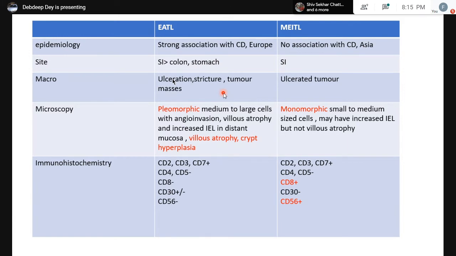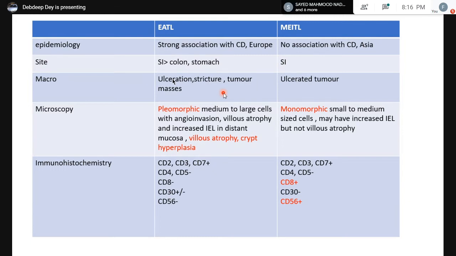The other differentiating points are pleomorphic cells present with angioinvasion in the EATL and monomorphic cells present in MEITL. Villus atrophy, crypt hyperplasia, increased IAL all will be present in EATL but not in MEITL. You may have some increased IAL, or that is intraepithelial lymphocyte, but not villus atrophy.